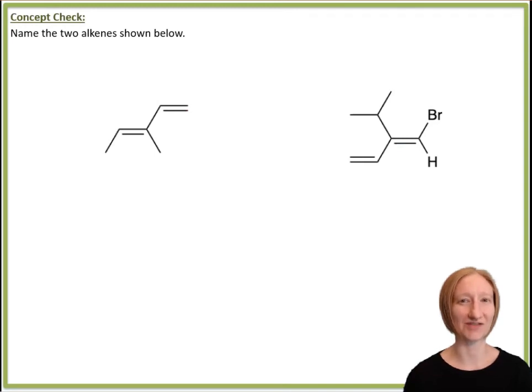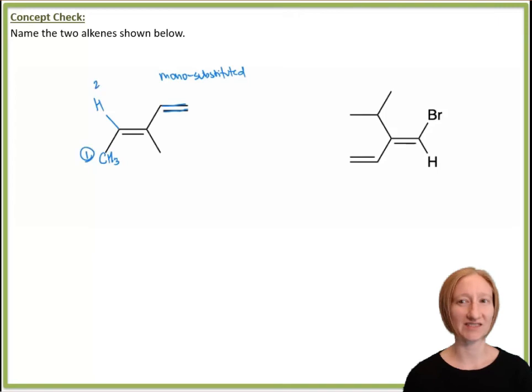I'll start with the compound on the left and first determine the E and Z designations. This alkene has only one group on it. It's a monosubstituted alkene, and so it has no E or Z or cis or trans designation. It has no stereochemistry. The other alkene, though, has three different groups on it, so it will have an E or Z designation.